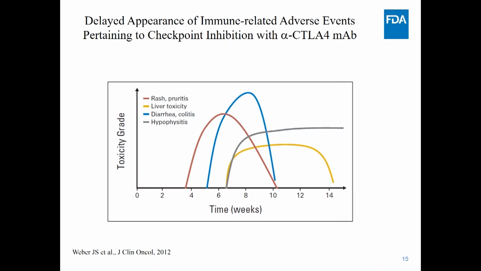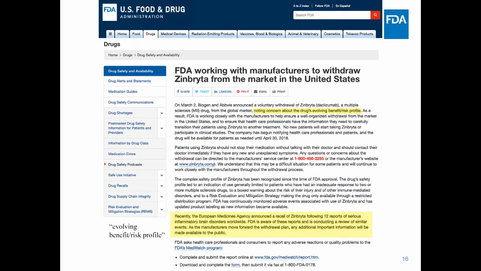And one can see here that the time in weeks to development of these starts at 7, some even longer, and extends out considerably. So this really has the appearance of checkpoint inhibition and indeed depletion of regulatory T cells.